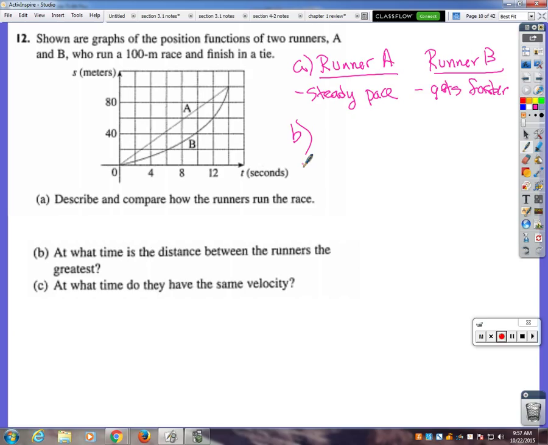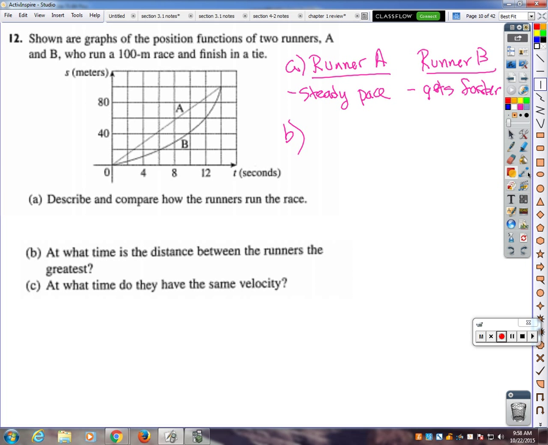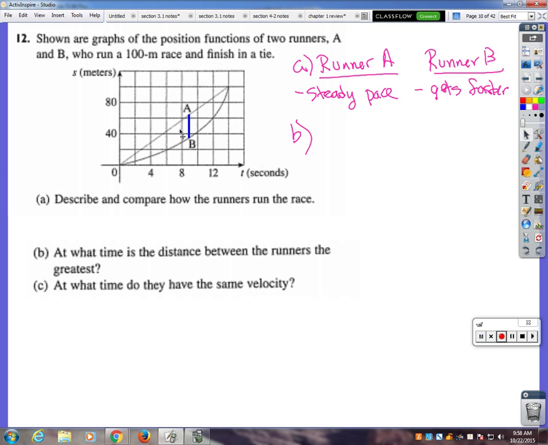At what time is the distance between the runners the greatest? Right in that middle. Give me an estimate. Like the end value? 9. So this is 10, so we'll try 9. Might be like 9.5.